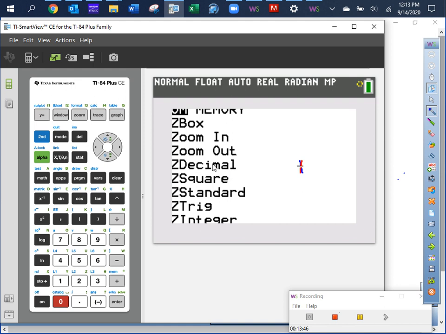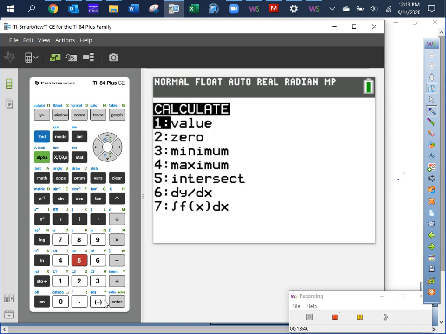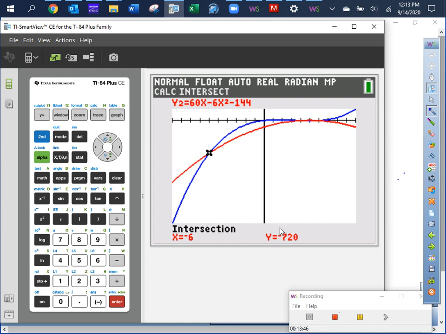Sometimes it works real good, sometimes it doesn't. So if I Zoom 0 that and do second calculate, choice 5, first curve enter, second curve enter, move the cursor over yonder, you'll get there: (-6, -720). I wouldn't have gone straight to Zoom 0, though, because then you have a hard time seeing these two, especially if you have a black on black graph where it's all black.